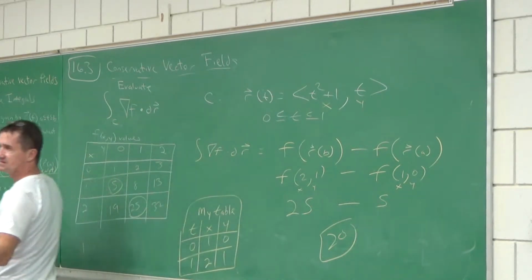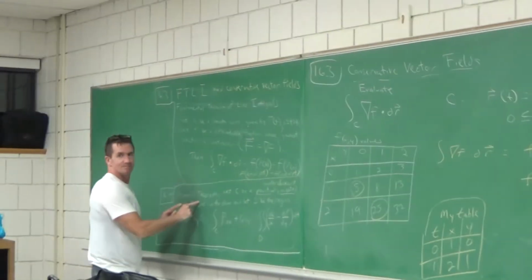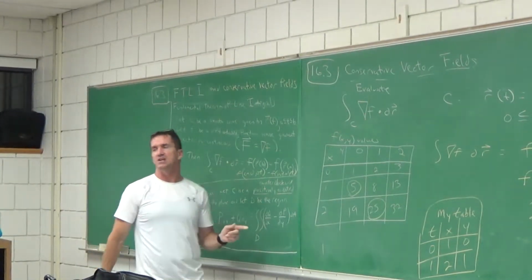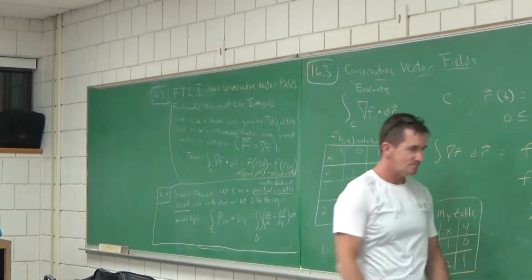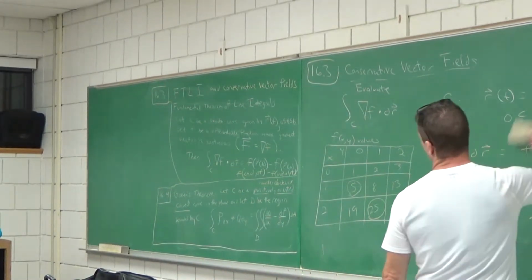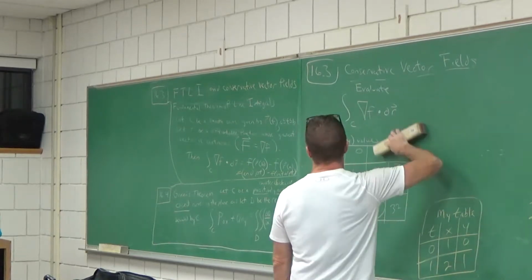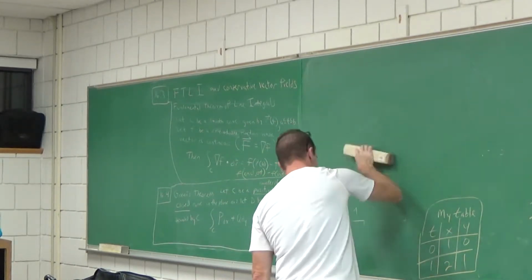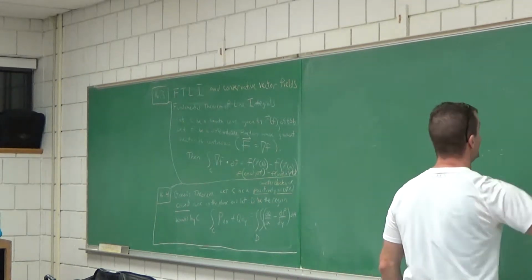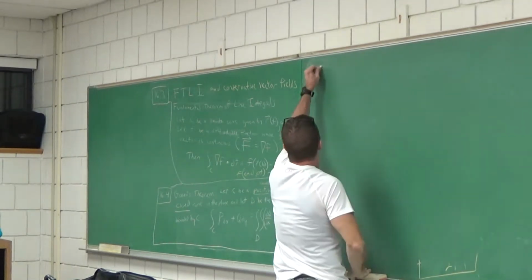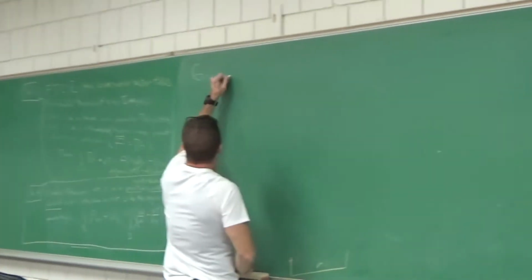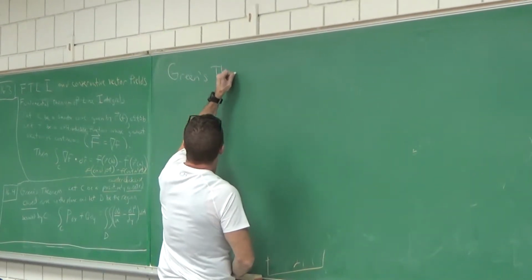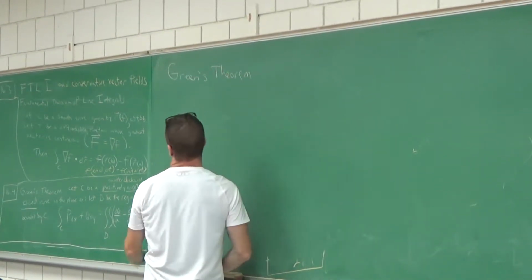Now you're going to love this. Green's theorem. Green's theorem is for closed paths. Let me say that again. And it's only for two-dimensional vector fields. But this is the coolest theorem. Green's theorem, which is in section 16.4.